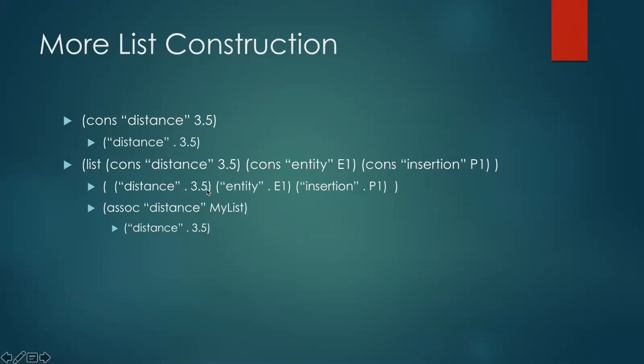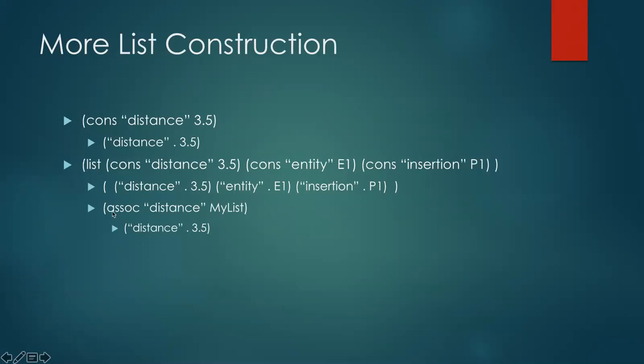Distance is 3.5. Entity is, of course, this entity name, and insertion, which is undoubtedly the insertion point. But you can see I have this arbitrary data object, and I'm storing all of this information in it in a very ad hoc sense. And it's very easy for me to work with.